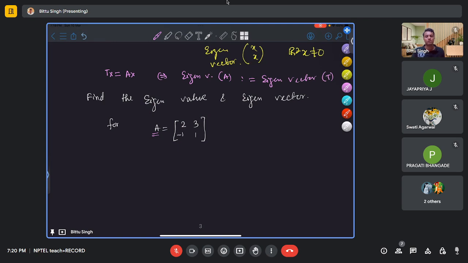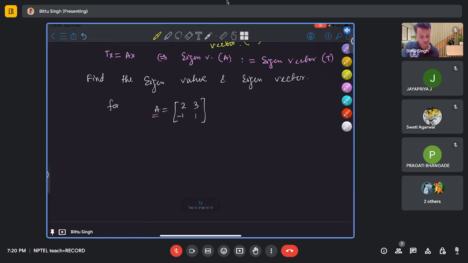So this is the definition of eigenvector. But before computing that, let us check an interesting way to compute eigenvalues and eigenvectors.